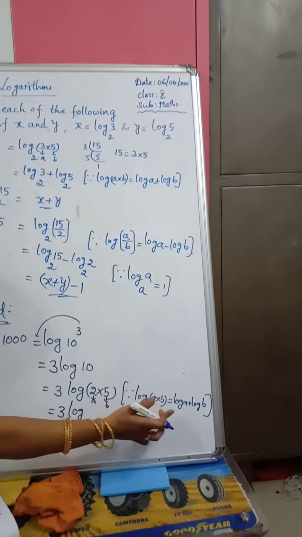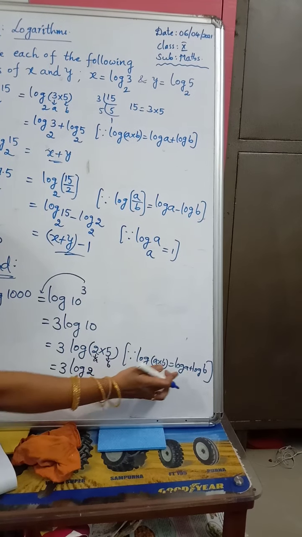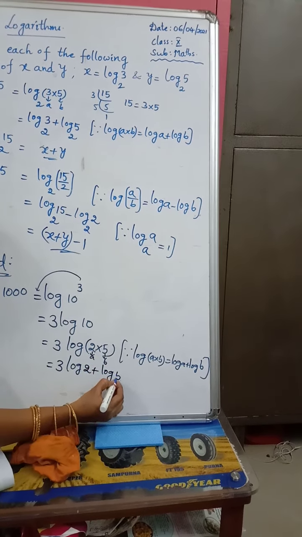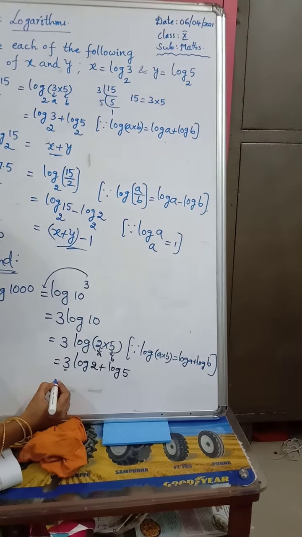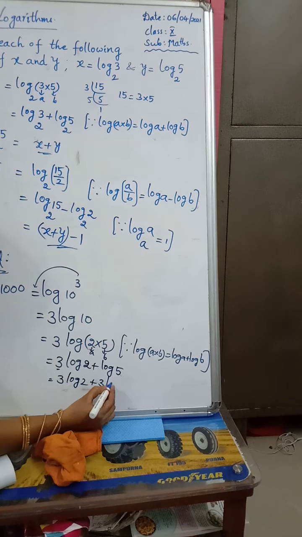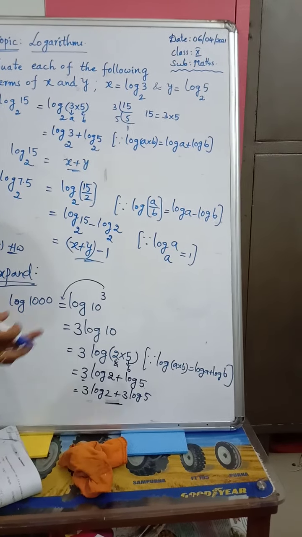So log 2 plus log 5, and this 3 is the common term for these two. So we can write it as 3 log 2 plus 3 log 5. This is the expanded form of the given question.